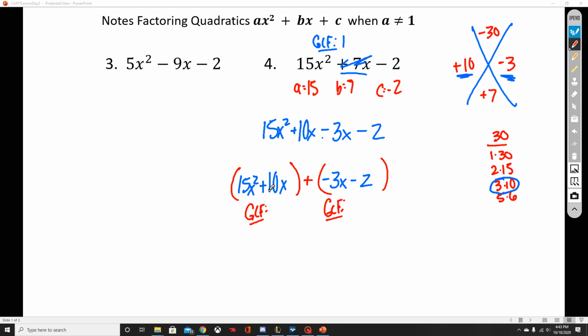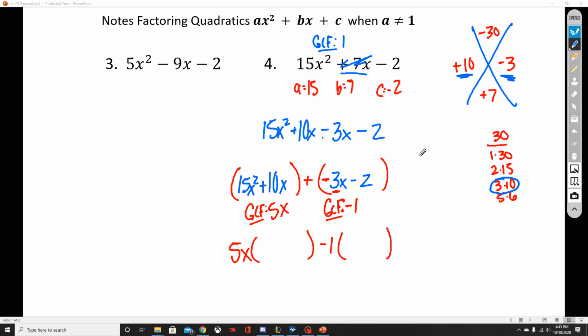GCF of the first group, well, these both have 5 in common, and they both have an x in common. The GCF of the second group, they don't have anything in common, so their GCF is 1. But since the first term is negative, you see this negative sign here, the GCF has got to be negative 1. That's a little rule that we have to follow, it just makes things work out nicer. So 5x is going to come out of the first group. Negative 1 is going to come out of the second group.